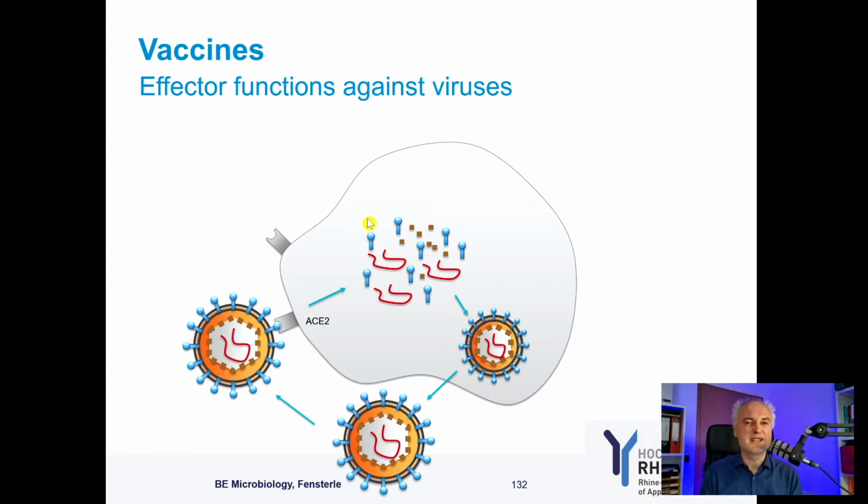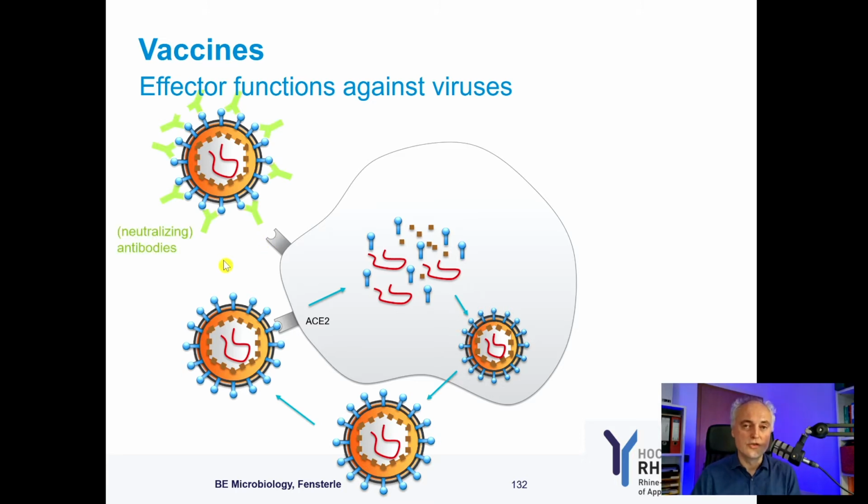For developing a vaccine, the details of this replication cycle are not so important, because at the end, if we ask ourselves how can you block or avoid a virus infection? Well, one thing is, avoid that the virus gets in contact with a receptor. And how can you do it? Neutralizing antibodies.